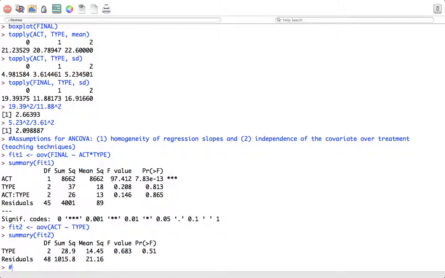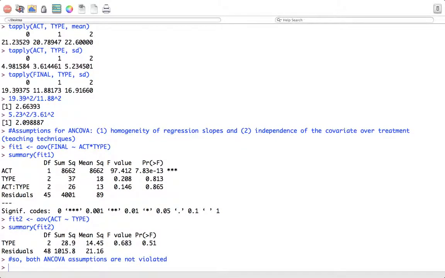Okay, so at this stage, both ANCOVA assumptions are not violated. So that's kind of good news. So we're ready to go ahead with the analysis. So let's do that.